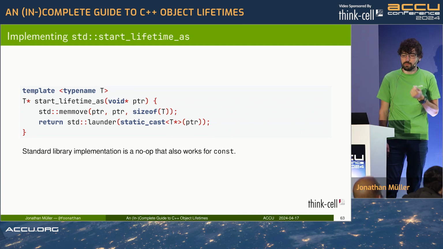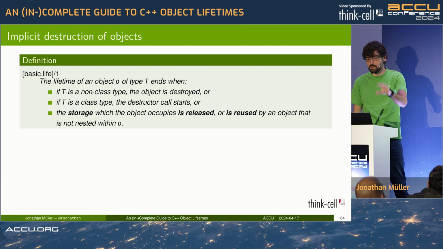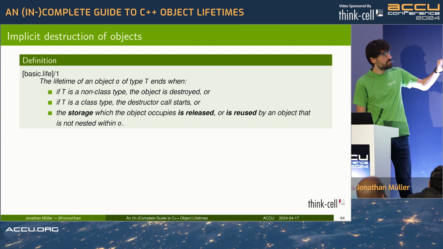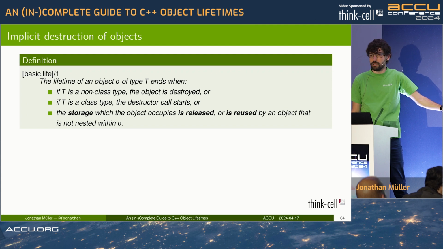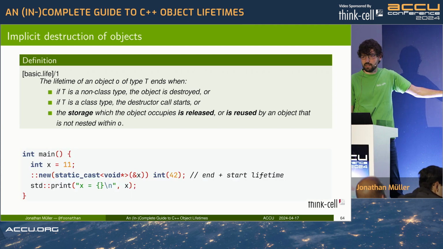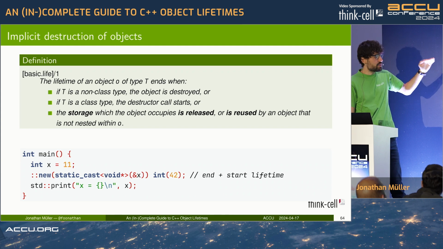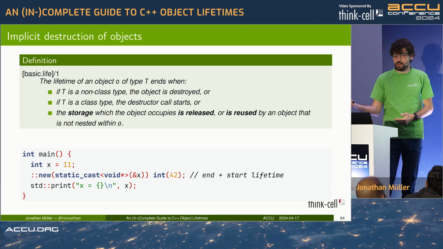There's also the flip side, implicit destruction of objects. Even though we can call destroy to explicitly destroy an object, the mere act of releasing storage or reusing storage also destroys objects. So in this code, we don't need the destroy for the x, because just the act of calling placement new ends the lifetime of whatever was in there and starts the lifetime of a new thing.